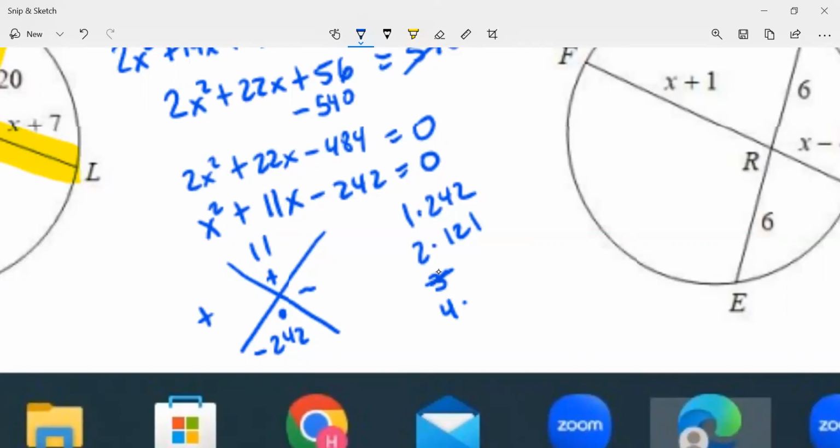For me to find the other factor, I'm going to use division. 242 divided by 4 gives me a decimal, so it doesn't work. 5 is not going to work either. 242 divided by 6 gives me a decimal, so 6 is not going to work either. 242 divided by 7 gives me a decimal, so 7 doesn't work either. 242 divided by 8 gives me a decimal.